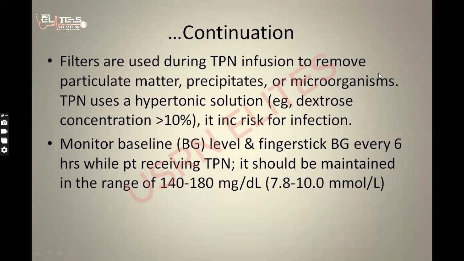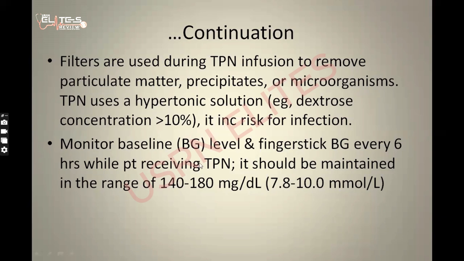All right. Then I say TPN uses a hypertonic solution. For example, dextrose concentration of 10%, or we have some which are 15, 20, or 50%. So TPNs also come in concentrations.